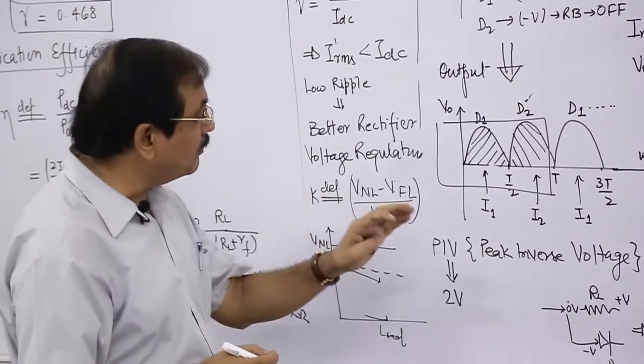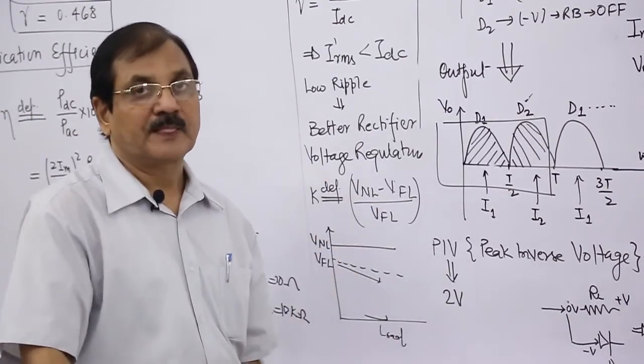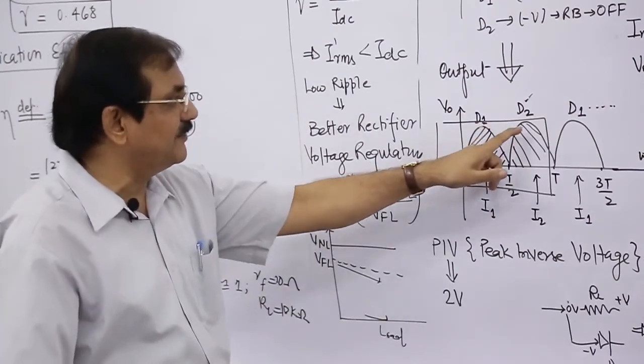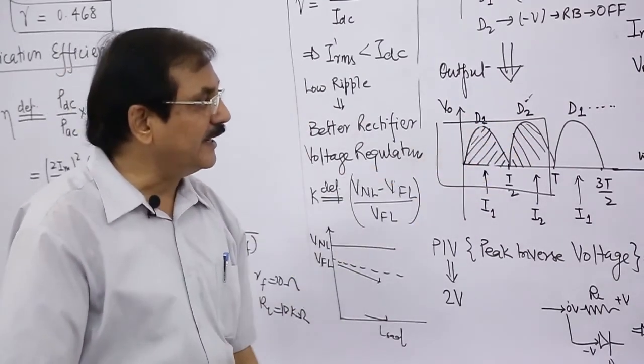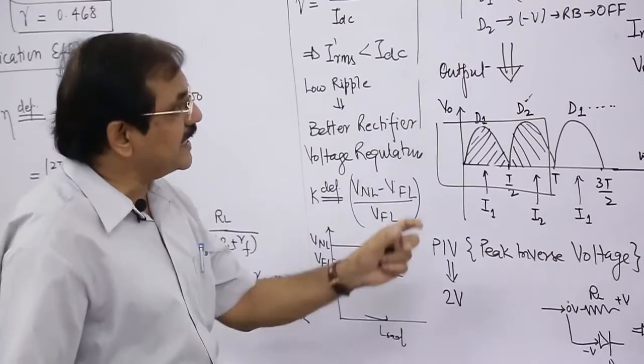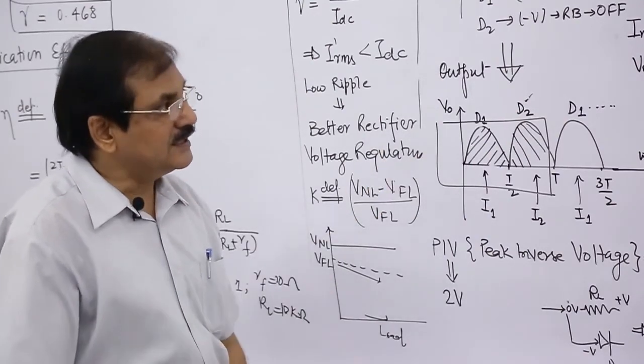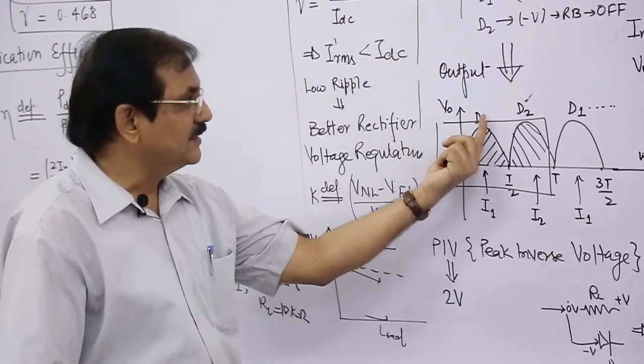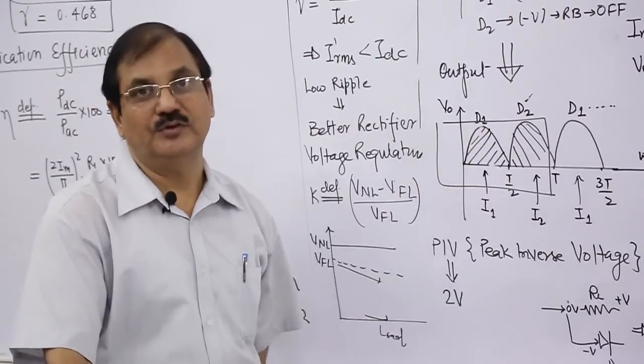This can be compensated in some other way, but with the center tap, the actual shape is something different. One side it is high voltage, the other side it is low voltage.